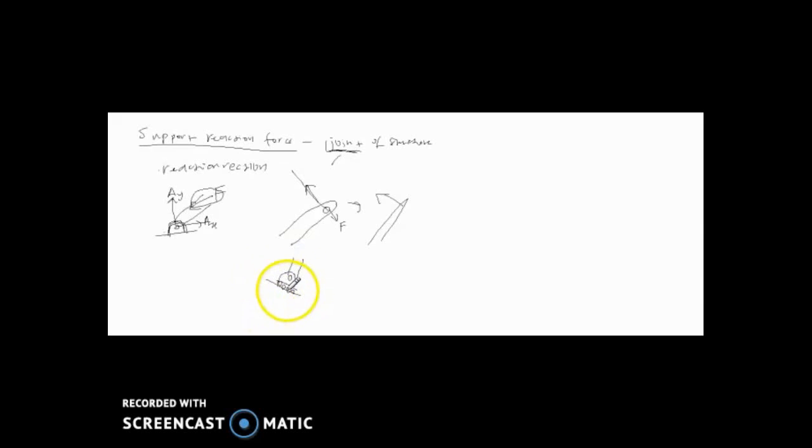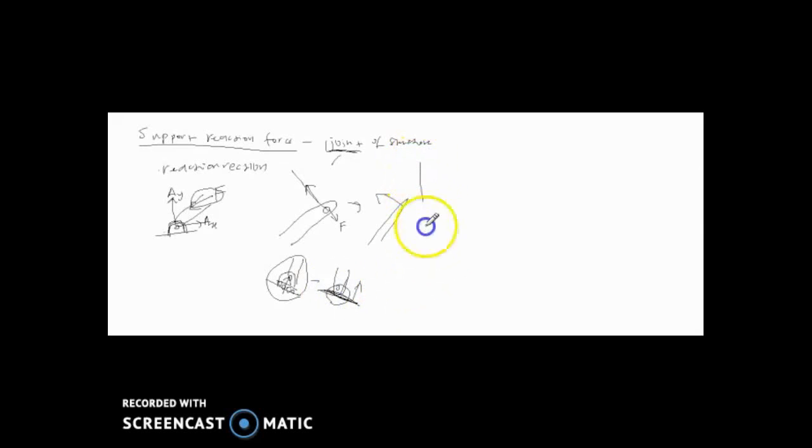For this one, your reaction force will be in that way. Or it has the same model like this. This one is also not fixed, so your reaction force will be normal to the base here.